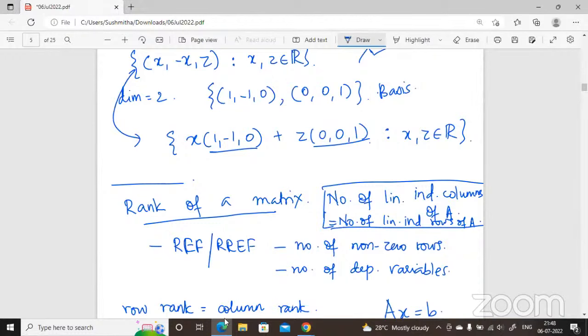Dependent and independent variables come into the picture only when we talk about RREF, not otherwise. A variable cannot randomly be dependent or independent. In RREF or REF, the number of non-zero rows will tell the rank of the matrix. The number of dependent variables will tell the rank of the matrix.